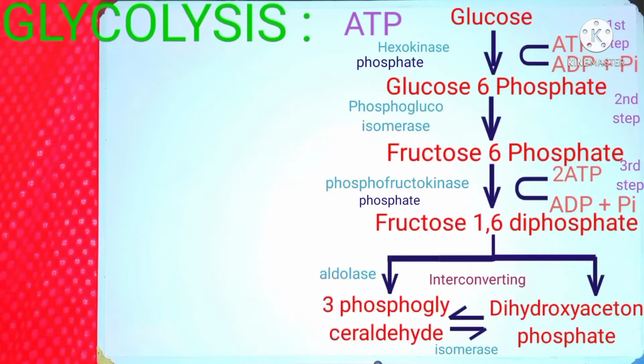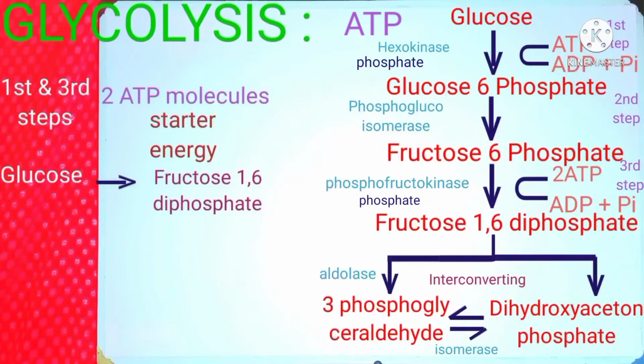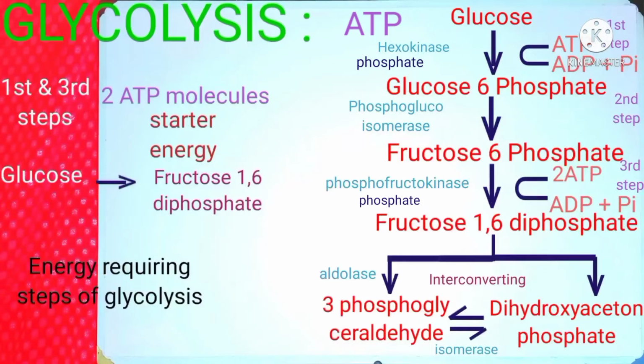Students, keep this important point in your mind that first and third step, during which two ATP molecules are used as a starter energy to convert glucose to fructose 1,6-diphosphate, are energy requiring steps of glycolysis.